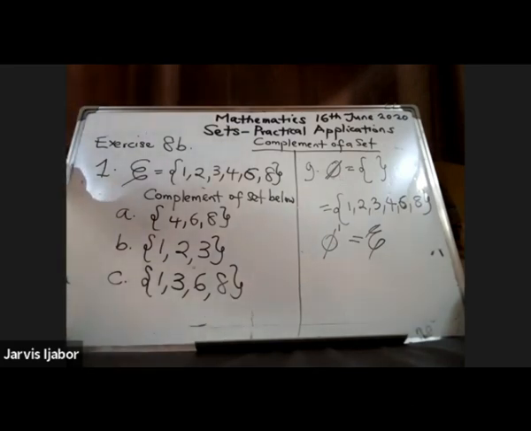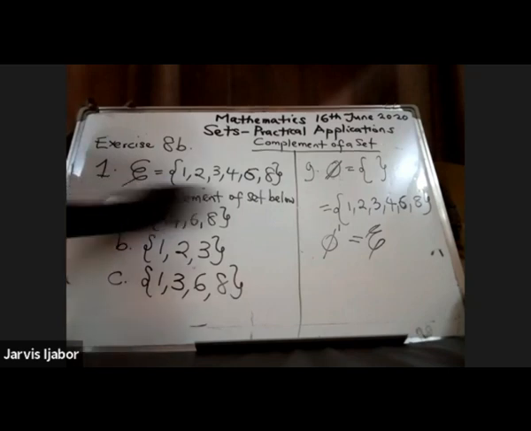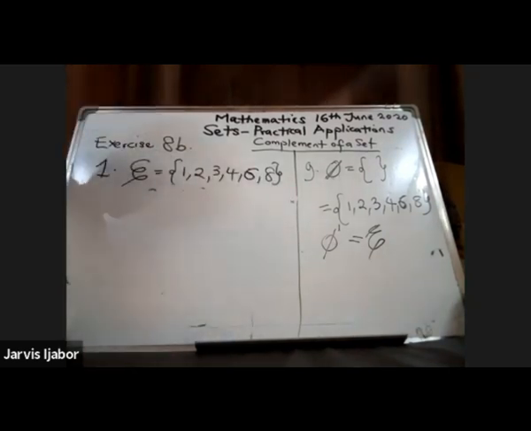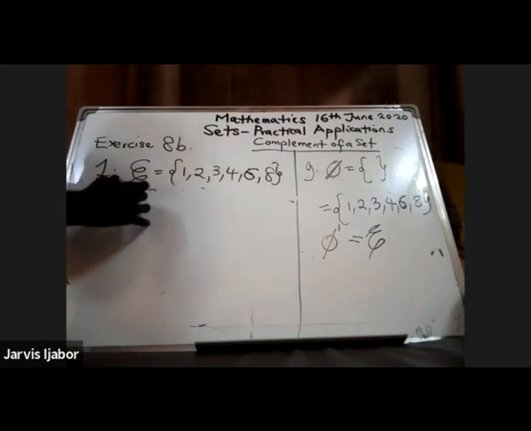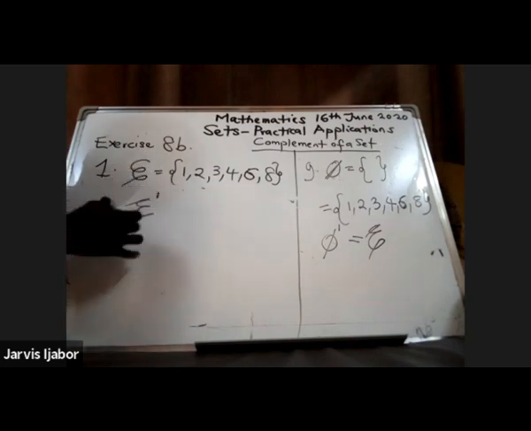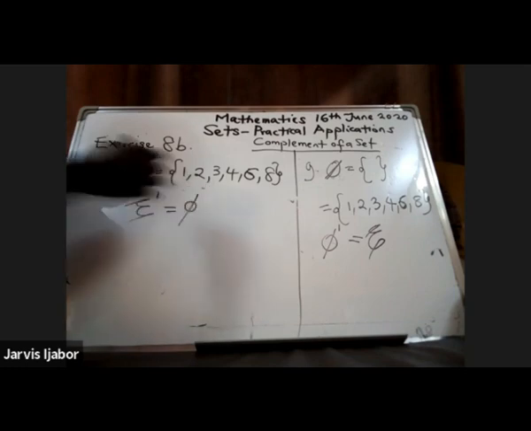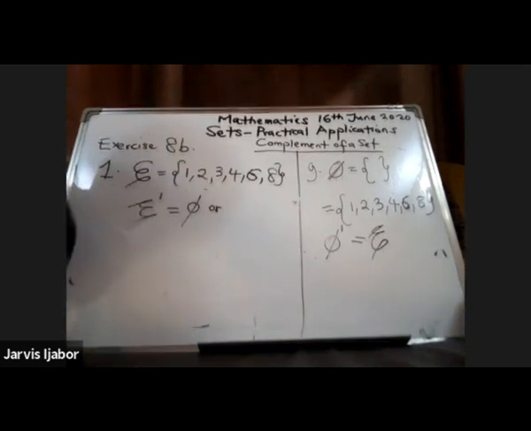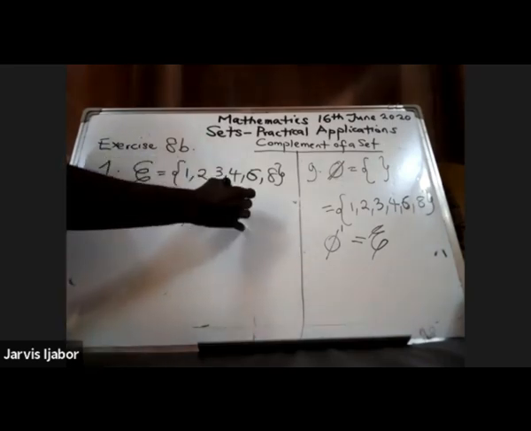Now, it therefore means that the complement of the universal set is an empty set. So by implication, the complement of the universal set is actually an empty set.